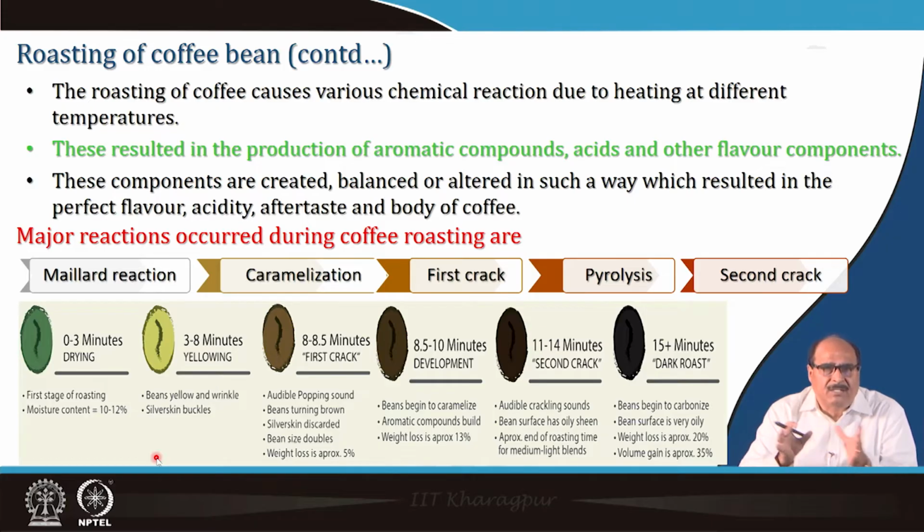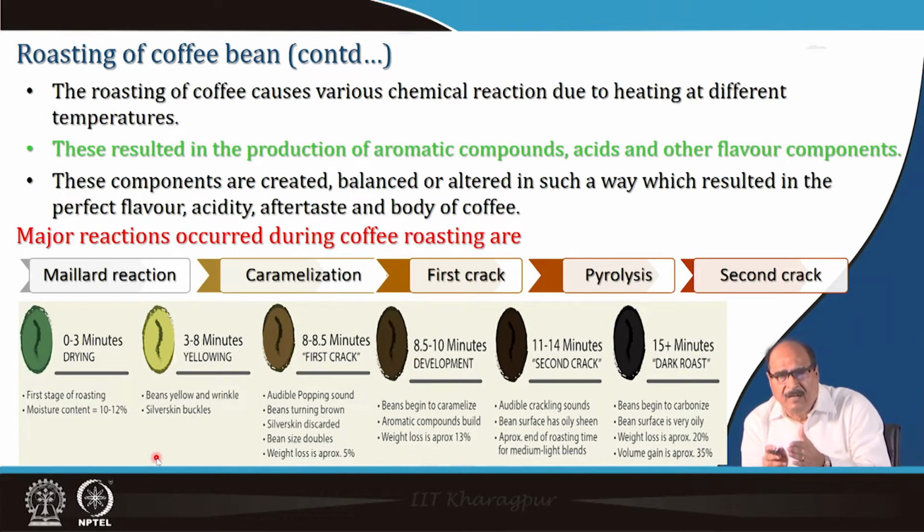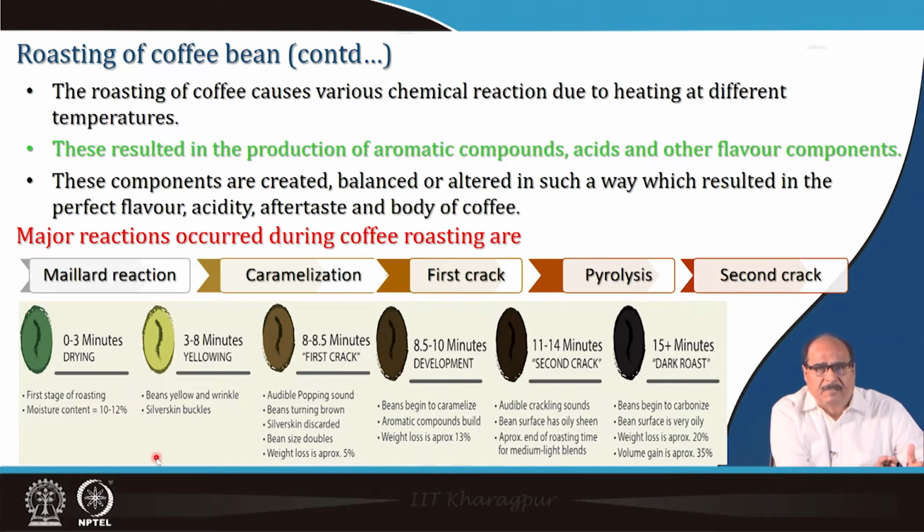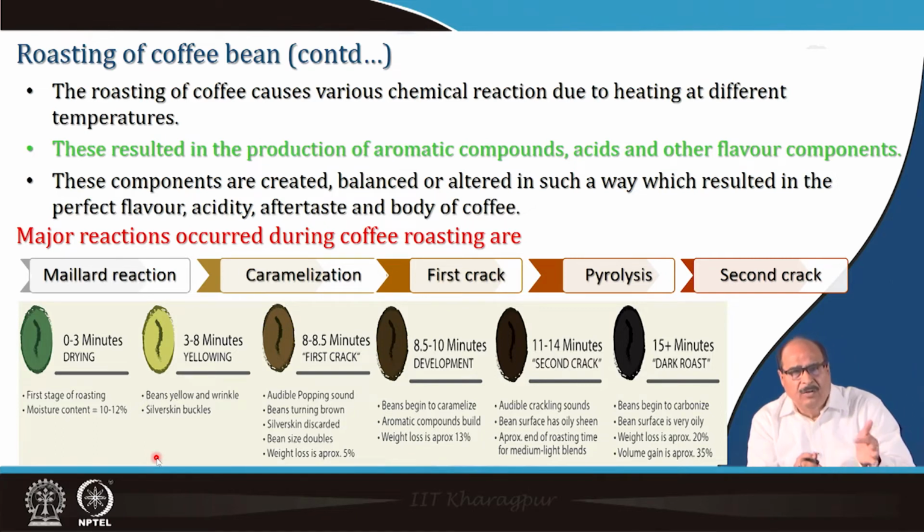So, major reactions which occur in the bean during coffee roasting include Maillard reaction, caramelization, first crack, pyrolysis and second crack, etc. And this depends upon the time. For the initial 2 to 3 minutes there will be drying, and then after 3 to 8 minutes there will be yellowing, which is followed by the first crack.